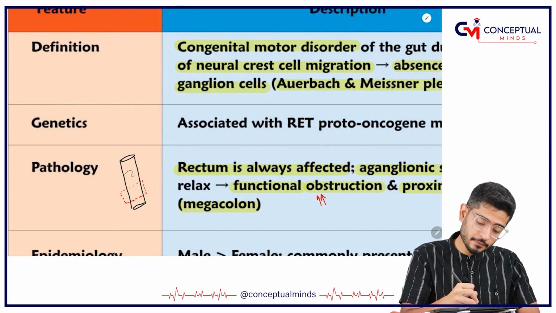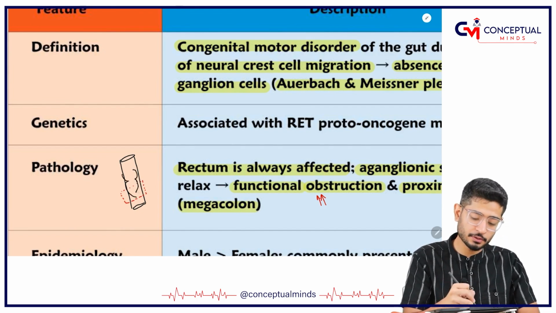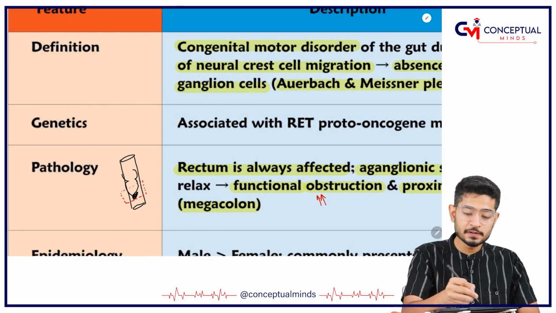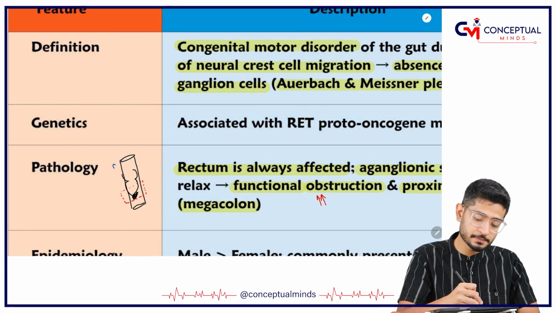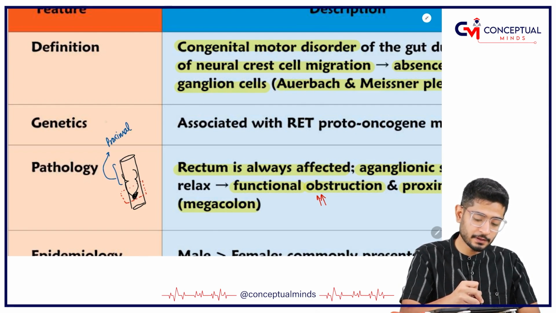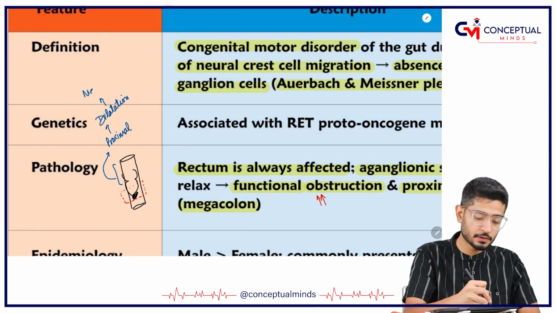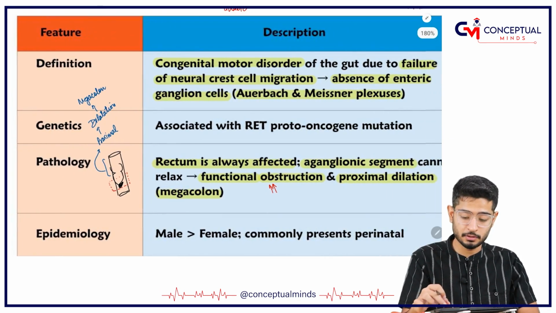Once it is contracting, it is going to be in a sustained contraction only, okay, and it will not be able to relax. So what is going to happen? This is the proximal part. This proximal part is going to have dilatation, and the dilatation of the proximal part is called as megacolon, okay.